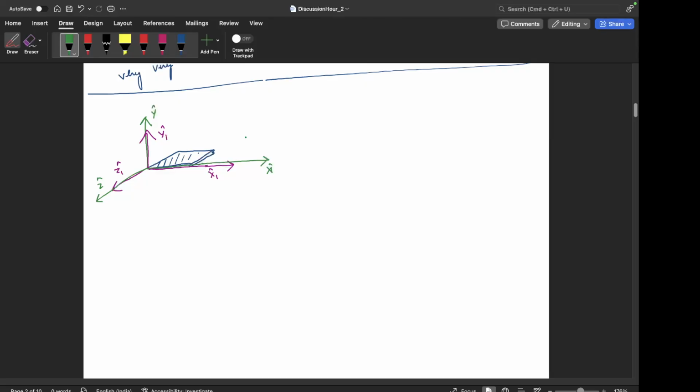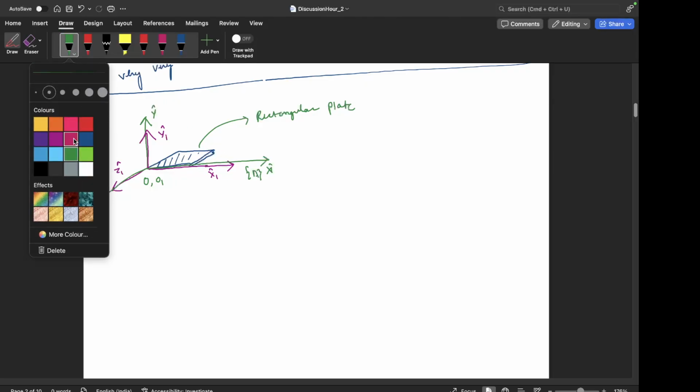All right. So this is our problem setup. We have a rectangular plate. Now what we have is this. This is the frame A, and we have this other frame that is attached.